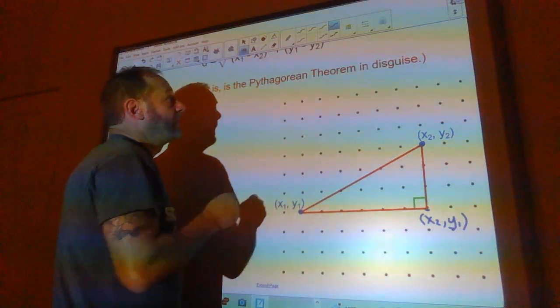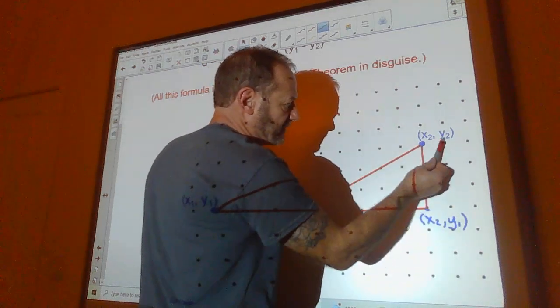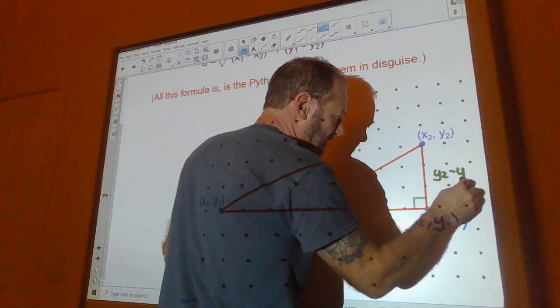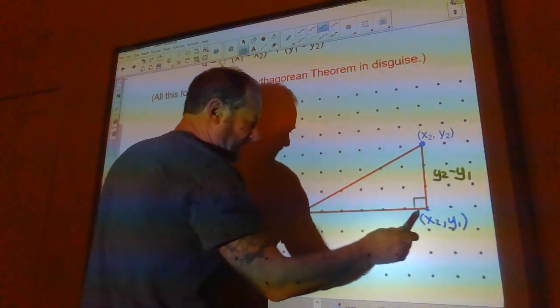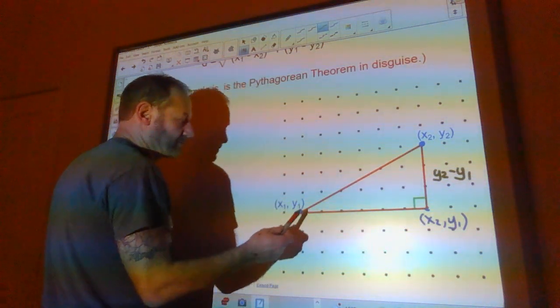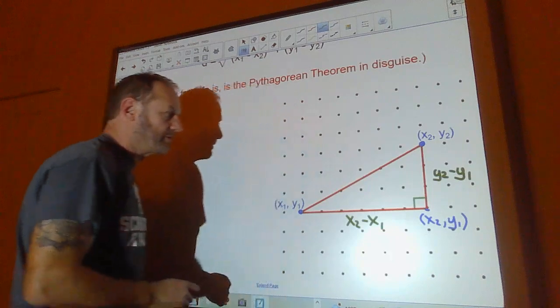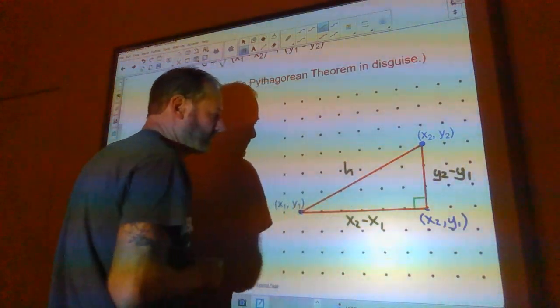Okay? And this side right here is going to be the distance between y2 and y1. So this is going to be y2 minus y1. This side is going to be the difference between x2 and x1. So this is going to be x2 minus x1. This is my hypotenuse.